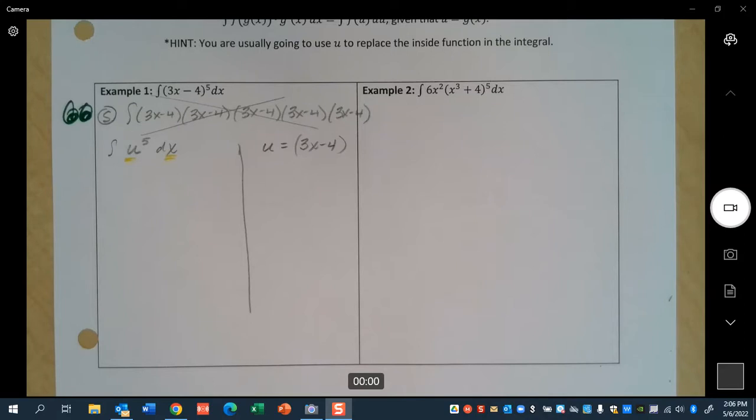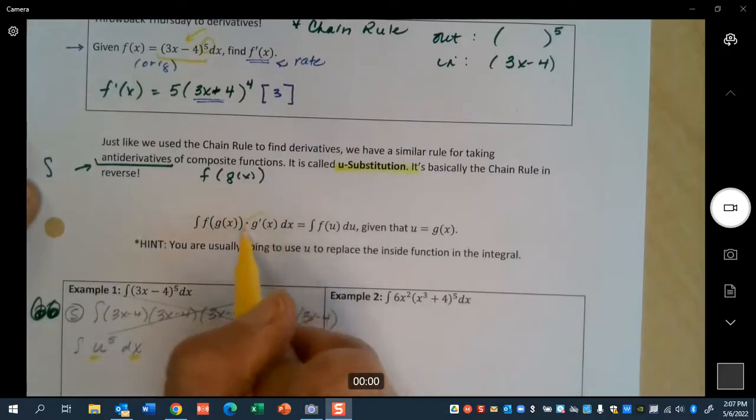So I cannot have this math problem happening in terms of x's when I don't have any x's once I replace the x's with a u. I need to figure out a way to express my change in x's in terms of u. This is the confusing part, because I'm going to go back over here and say, oh, I know how to do that. And that's this part here.